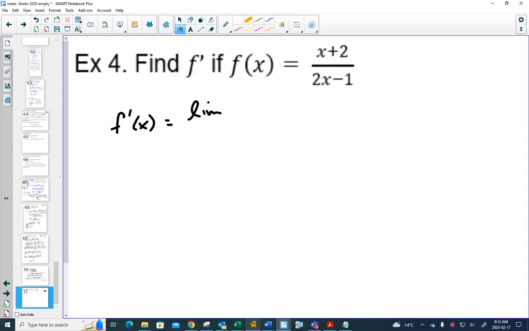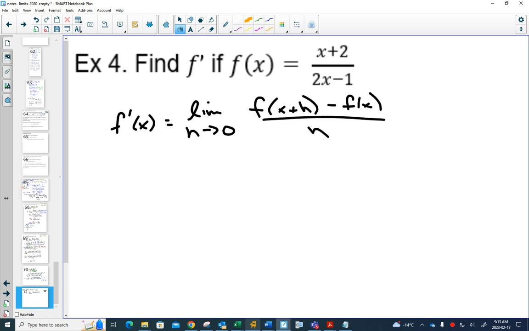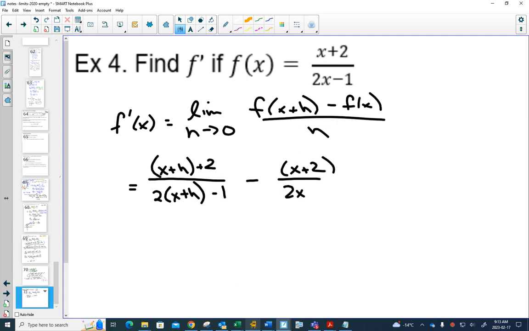I'll rewrite out the formula every time for now. That's just your slope formula. And plugging things in, we would have x plus h plus 2 over 2 times x plus h minus 1, minus x plus 2 over 2x minus 1, all over h.